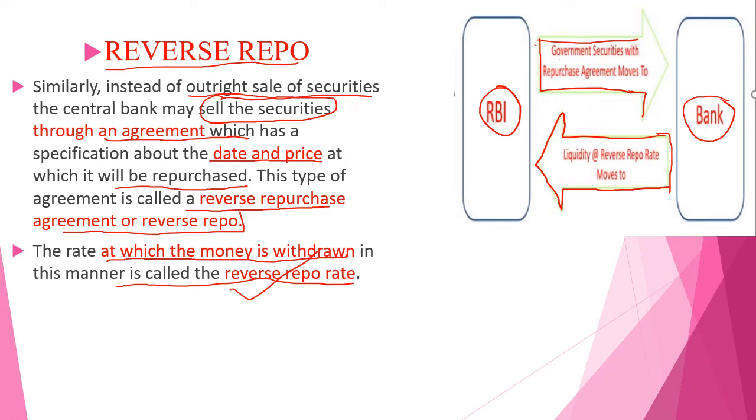Okay. Then you have to understand what happens when reverse repo rate increases and when it decreases. Here, look, reverse repo rate increases. Reverse repo rate increases means commercial banks will get more interest from Reserve Bank of India.